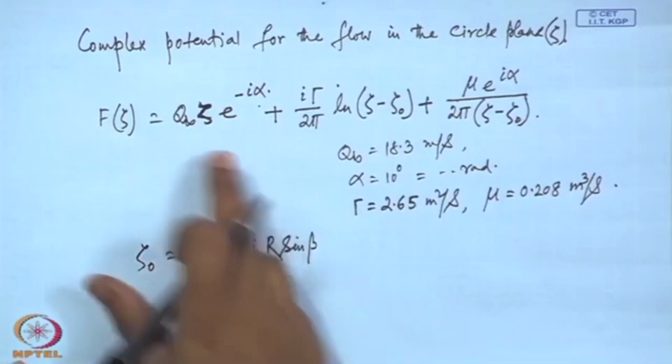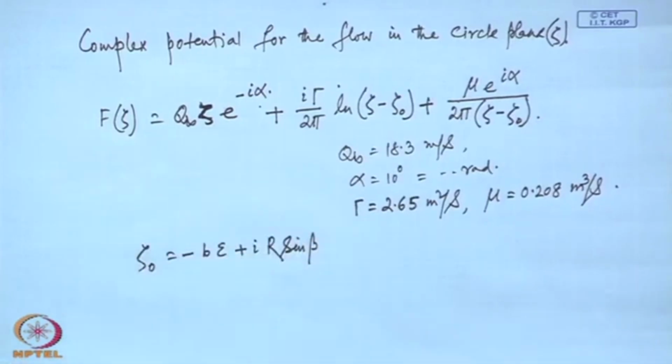So, once you put it, the complex potential on the circle plane is complete. You now have the complete potential function on the circle plane, both potential function as well as the stream function.